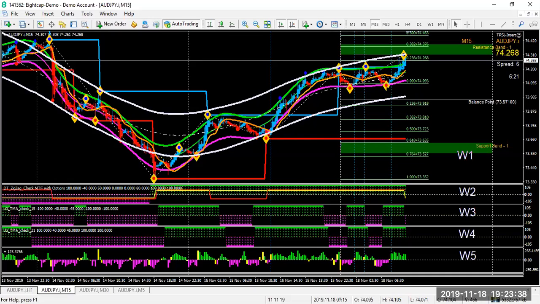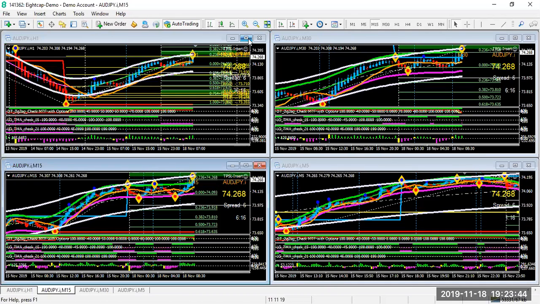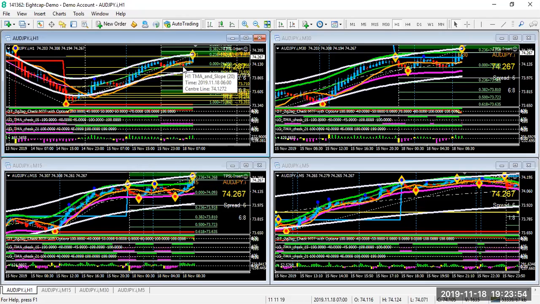So over here, this point here in your 1 hour, for us, price has just gone there, hit the Fibonacci line and moved up.